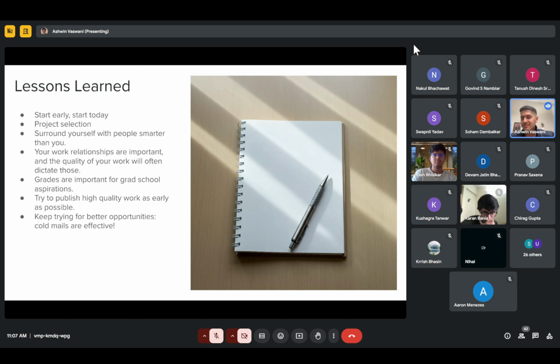Out of those 10, likely 7 will be rejects and 3 will be okay, let's chat. And even in those 3, maybe one of them would be willing to help you or offer you something, and the others would just not go well. So just understand that it's a game of scale. Cold mails are effective, but the chances are lesser, so you need to hedge your bets accordingly. So you need to try more, you need to be resilient.